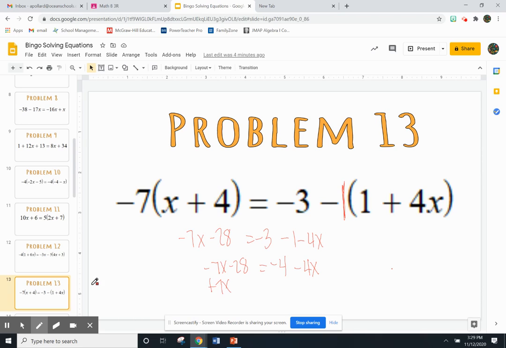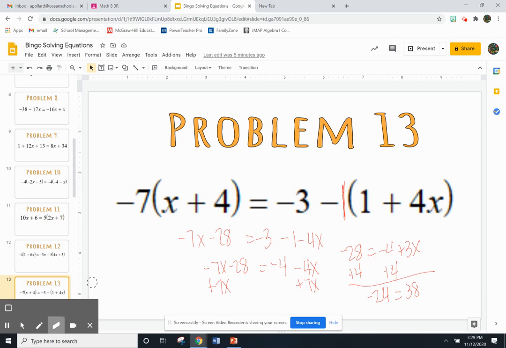Negative 7x is smaller, so we're going to add it over. So we get negative 28 equals negative 4 plus 3x. Add 4 to both sides. Negative 24 equals 3x. Oop, got excited about the answer. So our x is negative 8.